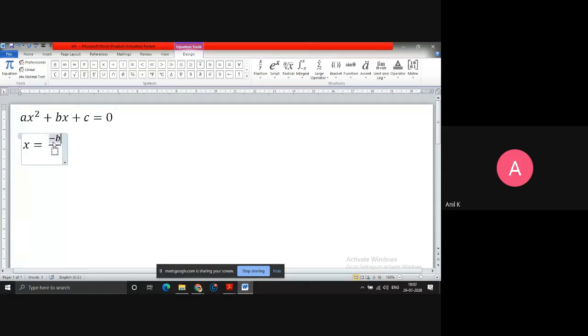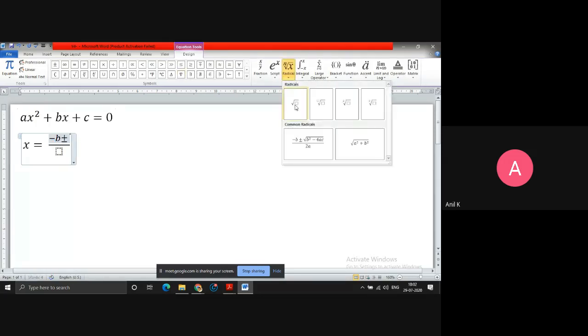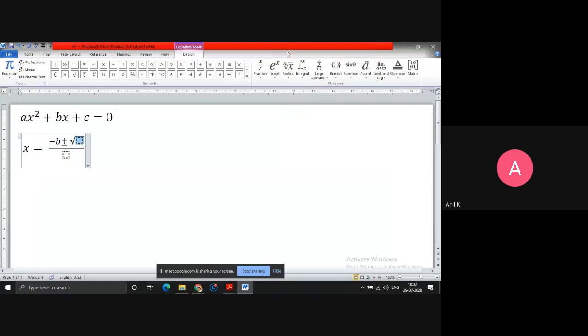The formula is x equals minus b plus or minus under root b square minus 4ac, upon 2a. This is called the quadratic formula.